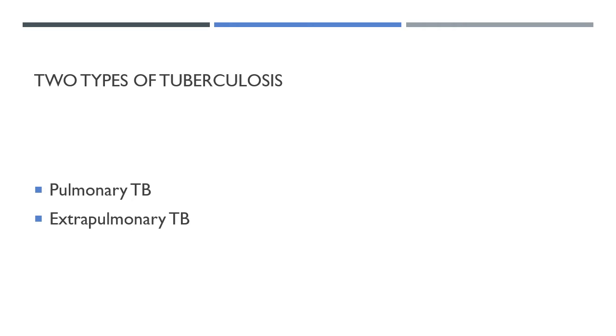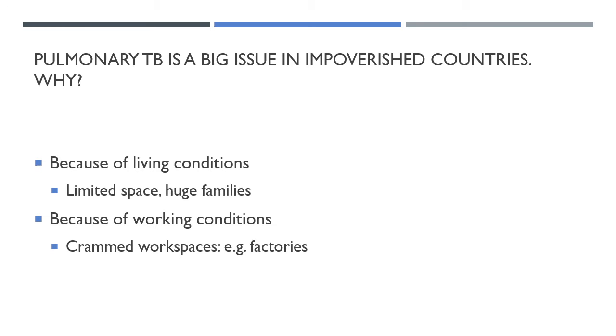So saliva, boogers, stuff like that will be able to transmit pulmonary TB. And then we have extrapulmonary TB, which only happens between 15 and 20% of the time. It usually happens in older people and children, so it's not as prevalent in society, but still something worth looking at.